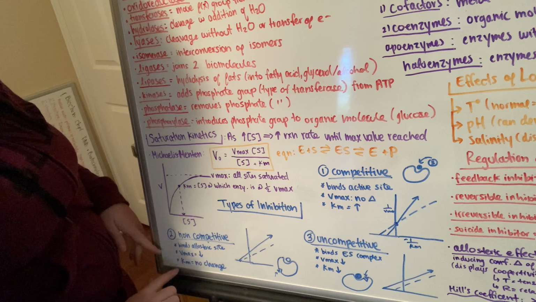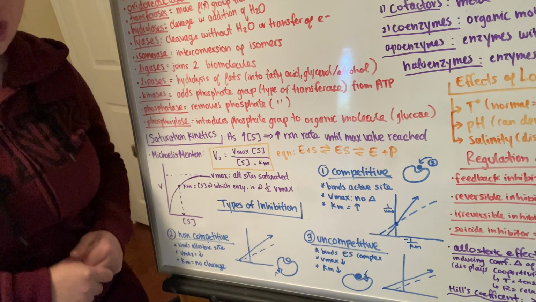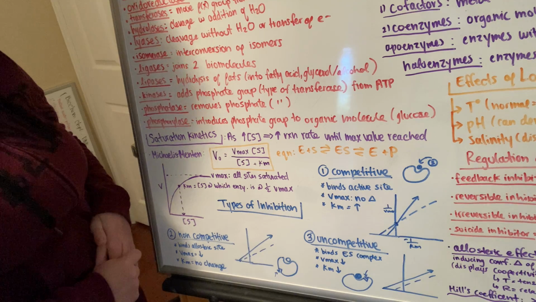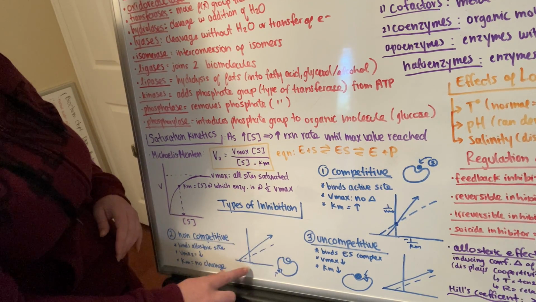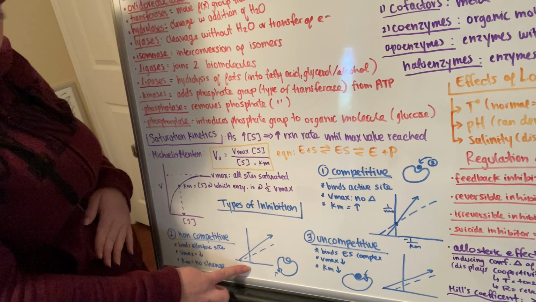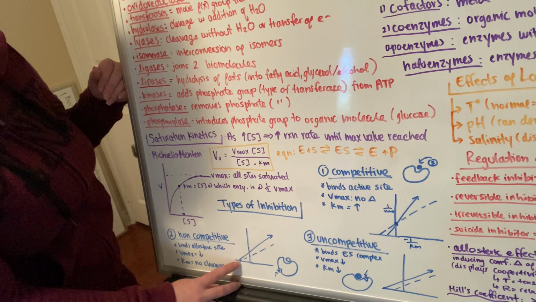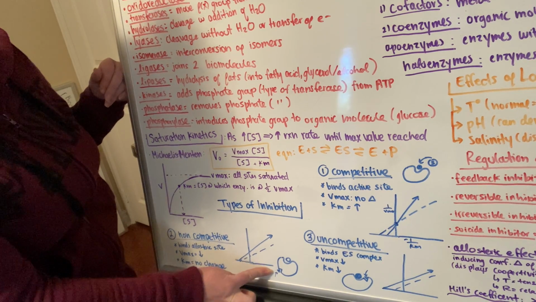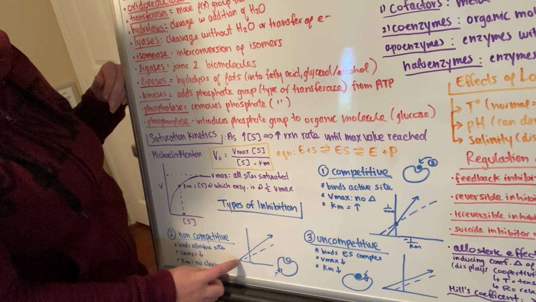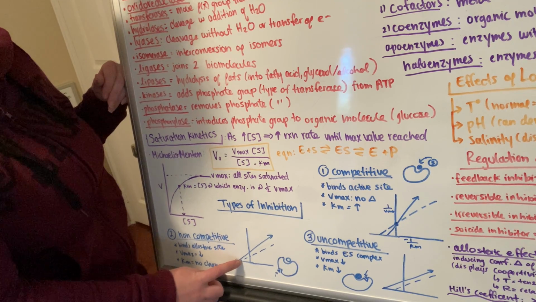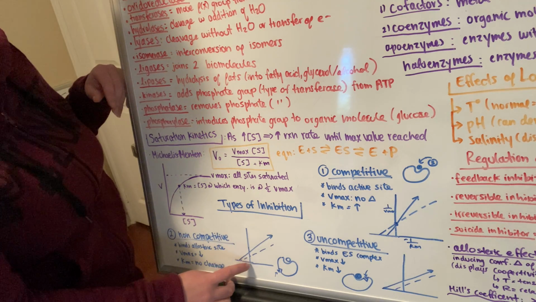So we have Km that does not change in this case, because if you look at this graph that we have, again, the Lineweaver-Burk plot, you can see that the Km values, remember, which is in relation to this x-axis, is stemming from the same place, but the Vmax value is decreasing, okay?